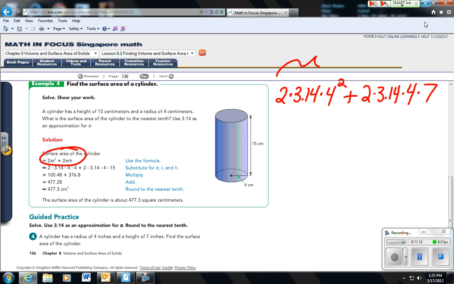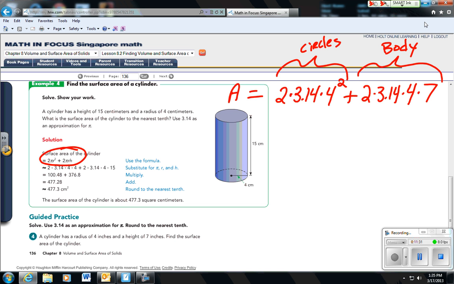Again, all of this gives you the circles, both circles, and then what this does is gives you the body. And we want all of it, so we find the area of both circles, the area of the body, and add them all together. So area equals all of that.